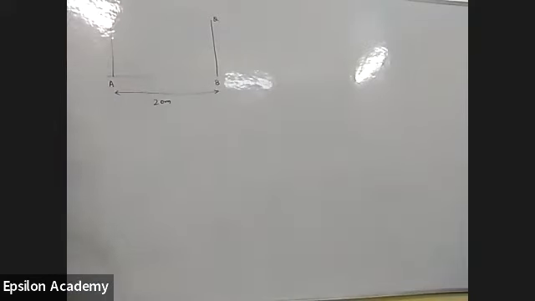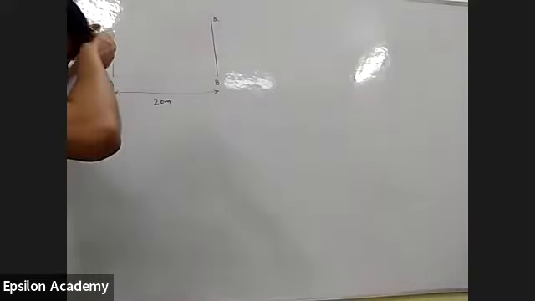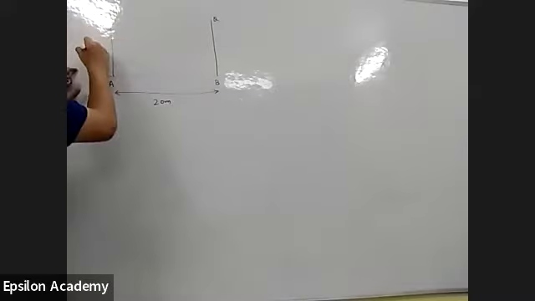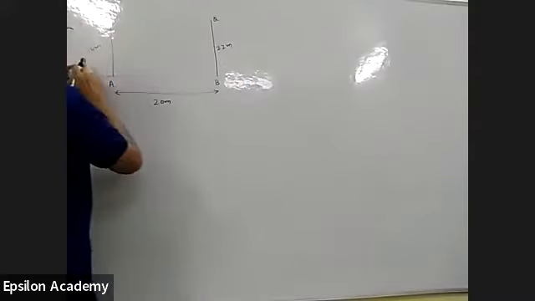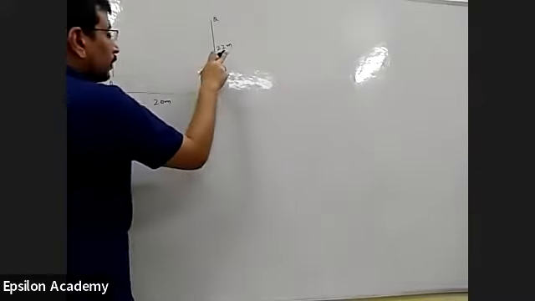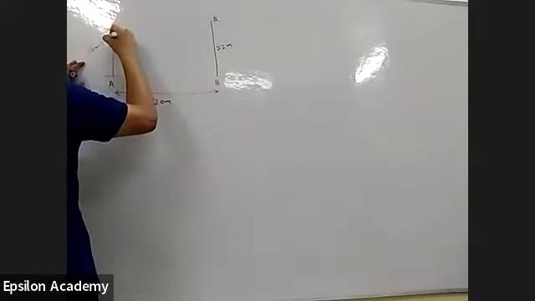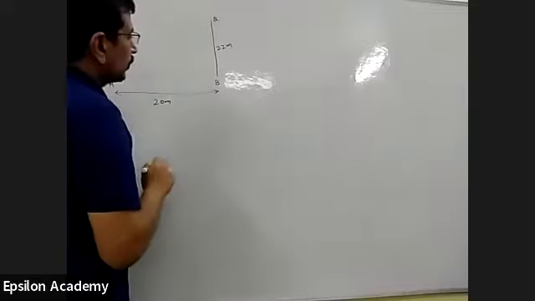Okay. AP and BQ be two vertical poles at points A and B respectively. If AP is 16 meters, BQ is 22 meters, and AB is 20 meters. Then this should be smaller, correct? Yes. And AB is 20 meters.